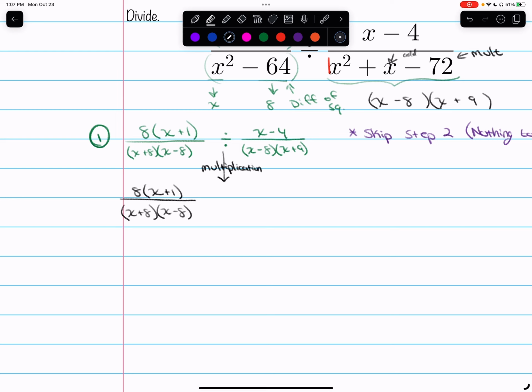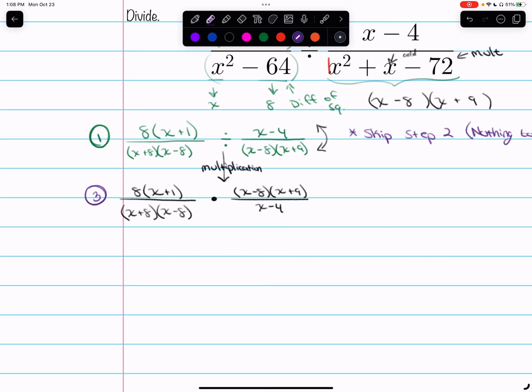That's how you divide fractions. You're going to flip that second fraction. So this becomes multiplication, and then we're going to flip this second fraction. So that means that we're going to have x minus 8, x plus 9 over x minus 4. Okay, so this ends up being our step 3 to flip that fraction so we can multiply it.